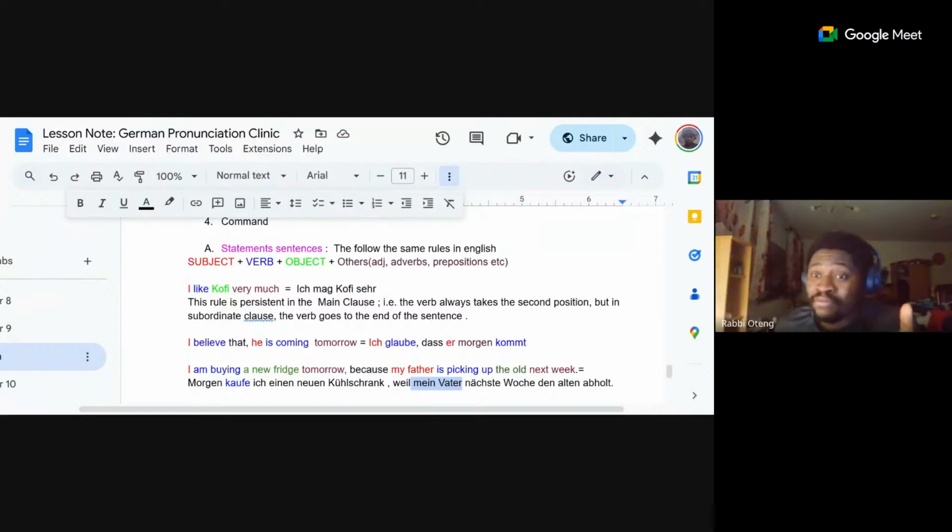But when you are writing, let's learn the right way: weil mein Vater. With the subordinate clause, we go back to subject, object, verb, which is fixed. You can't say weil nächste Woche. The flexibility of the main clause is not the same in the subordinate clause.